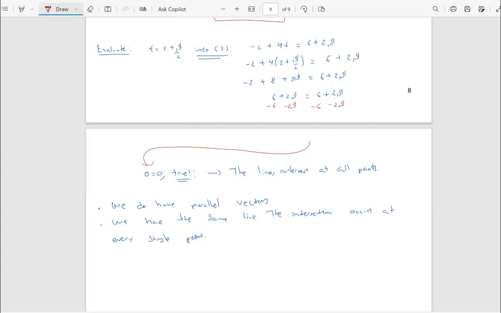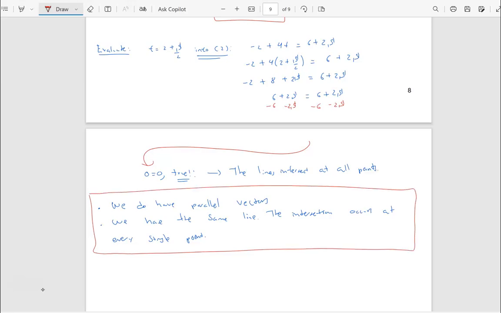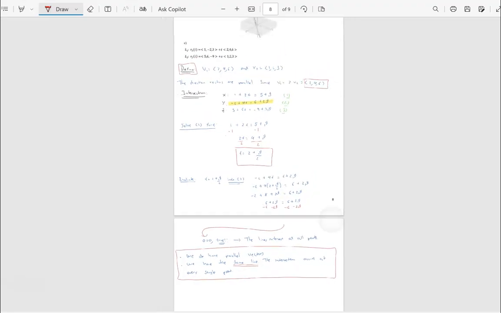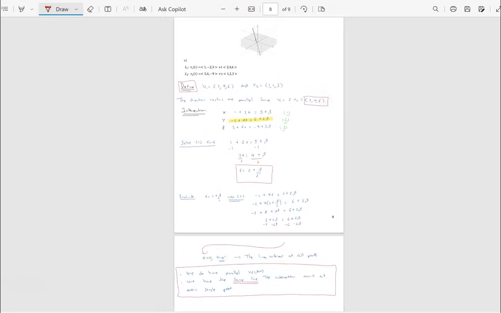The only thing we can conclude is that we have technically parallel vectors. We don't have distinct lines. So in this case, I'm just going to rewrite it as we have the same line. And you can see the picture here. So we don't have multiple lines. They happen to be the same.